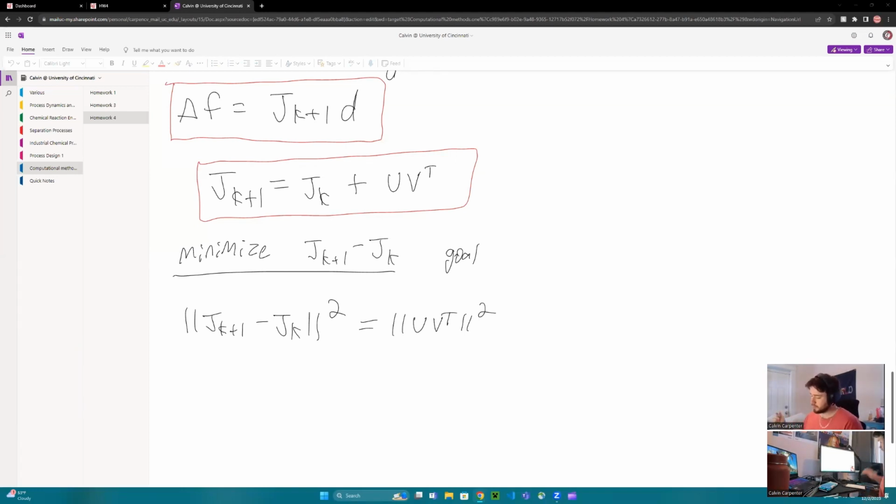Okay, so I'm also going to throw this equation out there. So u v transpose is equal to this guy. This will be useful later on. I'm just going to throw it up here in the preliminaries.